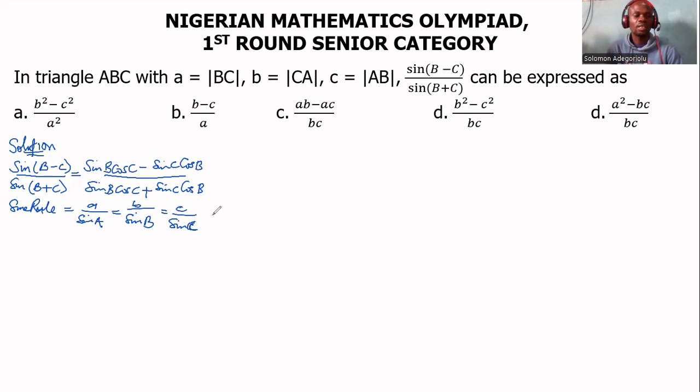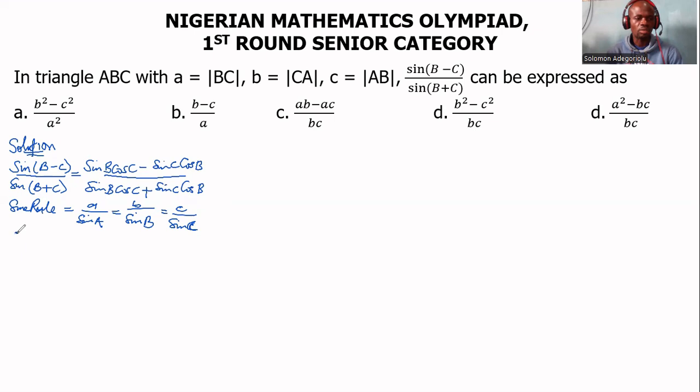Going back to this, we need cos C and cos B, so we need to quote the formula for cos C and also for cos B. We don't need cos A because cos A is not appearing here.